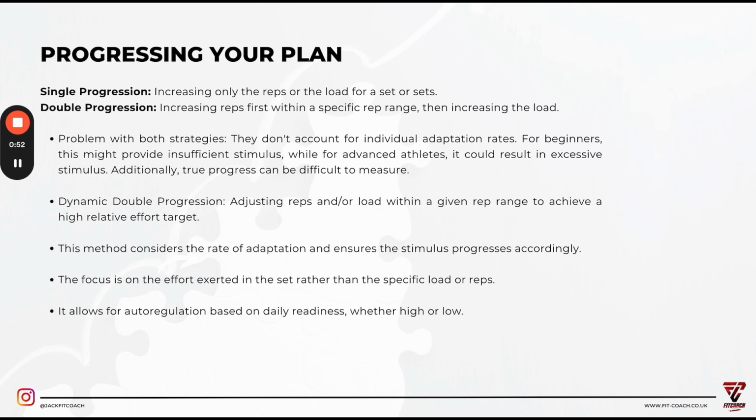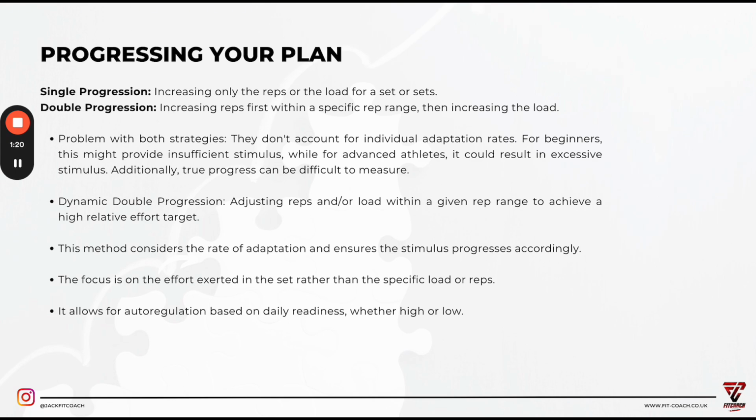That will address these issues by adjusting reps and or load within a given rep range to achieve a high relative effort target. Now, this approach actually considers the rate of adaptation, and the stimulus progresses appropriately. So it focuses on the effort exerted during the set rather than specific load or reps, allowing for auto-regulation based on daily readiness, whether high or low.